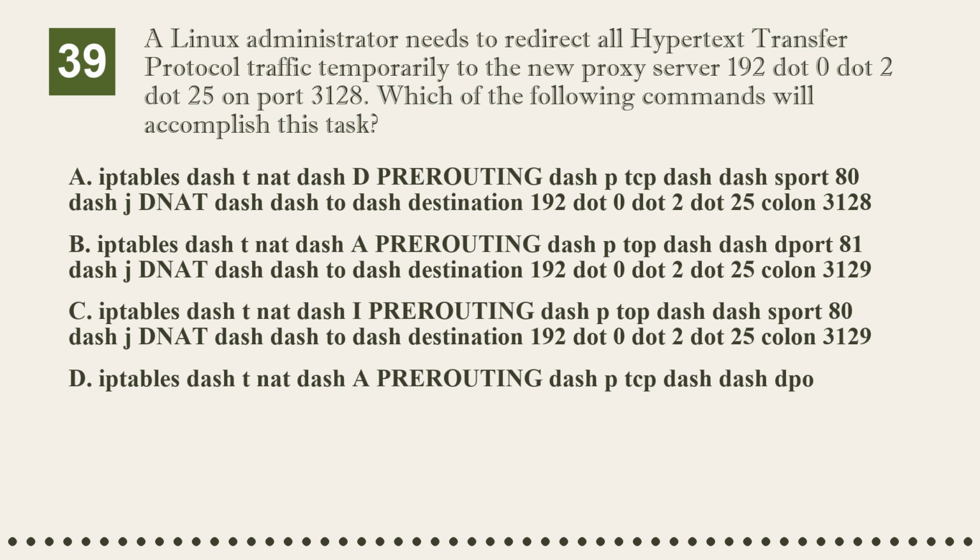Option A, iptables -t nat -A PREROUTING -p tcp --dport 80 -j DNAT --to-destination 192.0.2.25:3128. Option B, iptables -t nat -A PREROUTING -p tcp --dport 81 -j DNAT --to-destination 192.0.2.25:3129. Option C, iptables -t nat -A PREROUTING -p tcp --sport 80 -j DNAT --to-destination 192.0.2.25:3129.